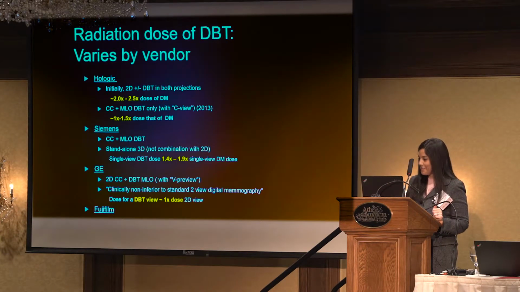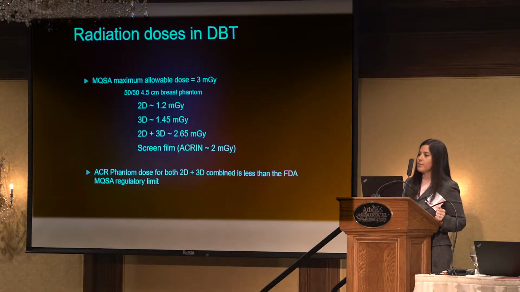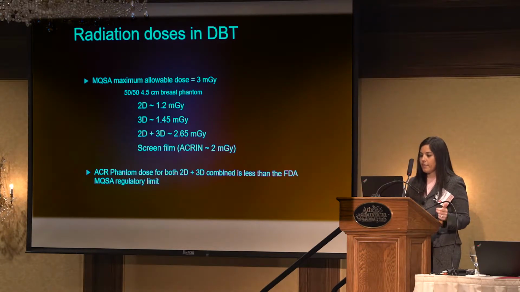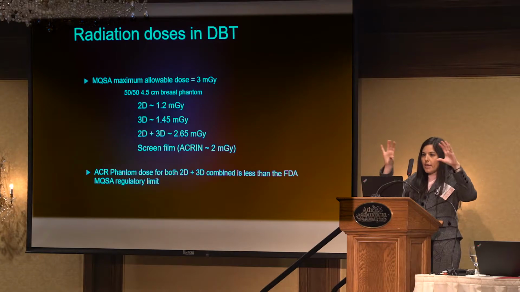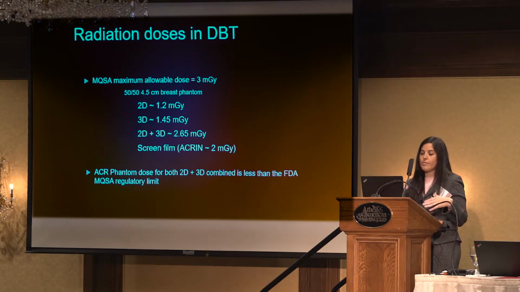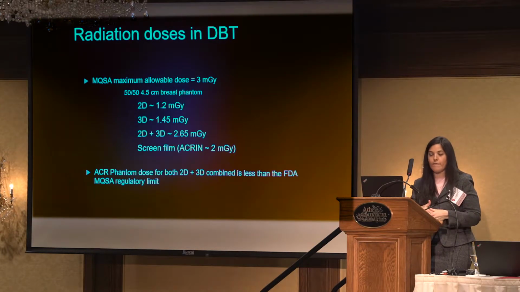Just to put that in numerical perspective, we all know the MQSA maximum allowable dose in a breast phantom that's 4.5 centimeters, 50% glandular, 50% fat, is 3 milligray. So just to keep that in the back of your mind, a standard 2D digital mammogram, one view, is about 1.2 milligray. 3D exposure is about 1.45.